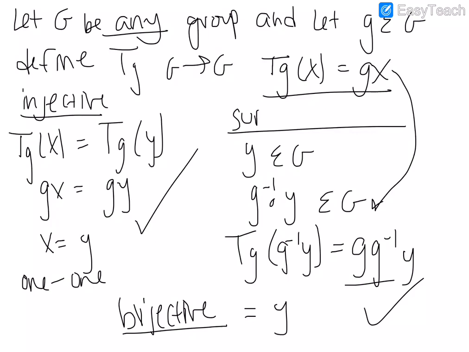Let's make a new whiteboard here, and I'm going to pause first. Right now we are going to describe the fact that the set of all T_g's will be its own group.